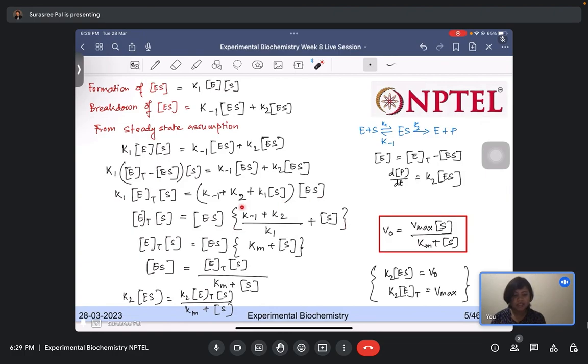Now this K minus 1 plus K2 by K1 is actually known as the Michaelis Menten constant, or Km.